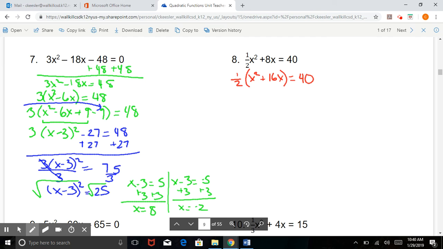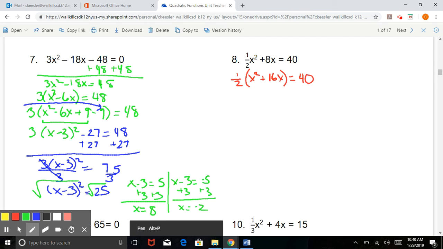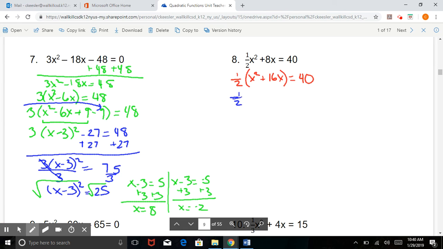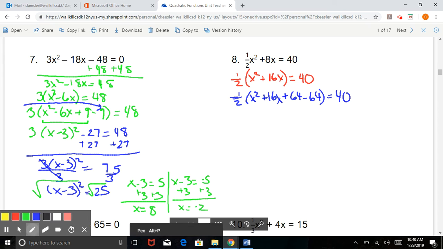Now we start the process of completing the square within the parentheses. So we have 1/2 of x squared plus 16x, half of which is 8, squared is 64, so we add in 64 and subtract 64, equals 40. The first three terms, once again, give us our perfect square trinomial.